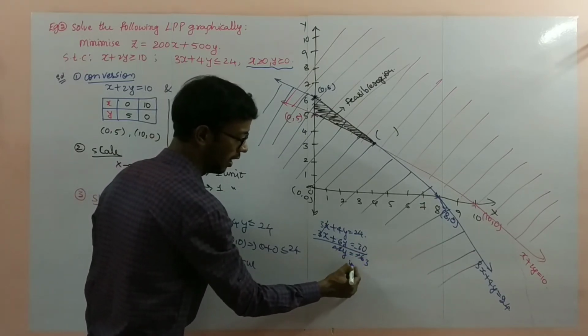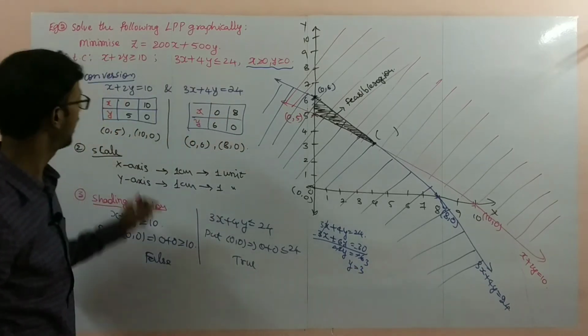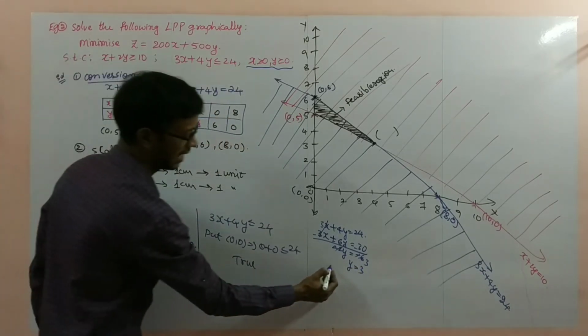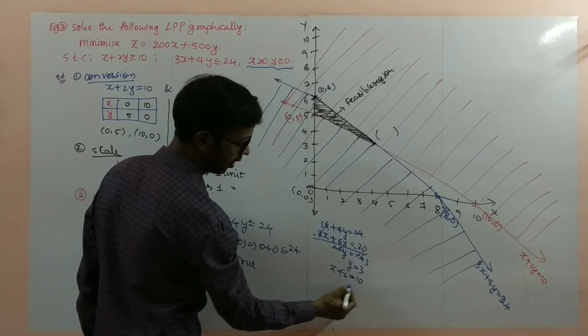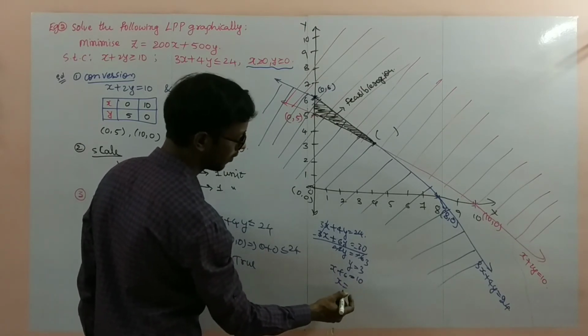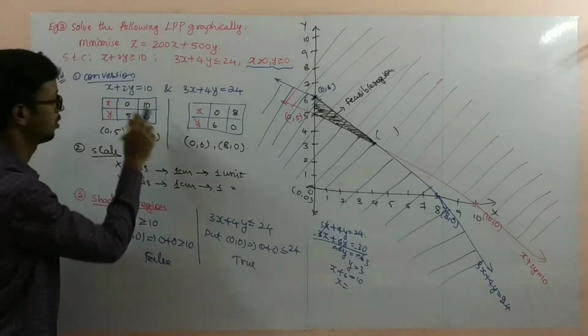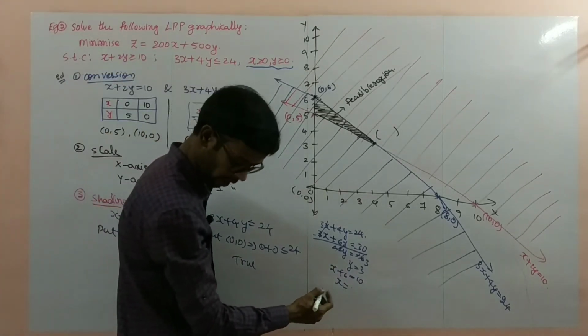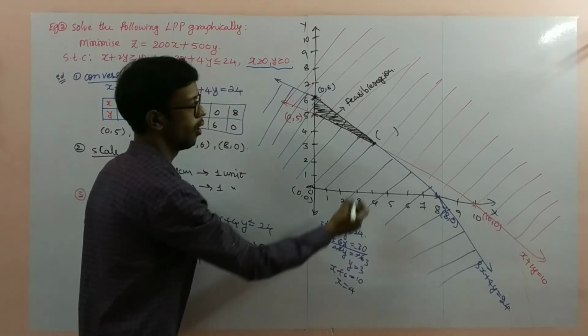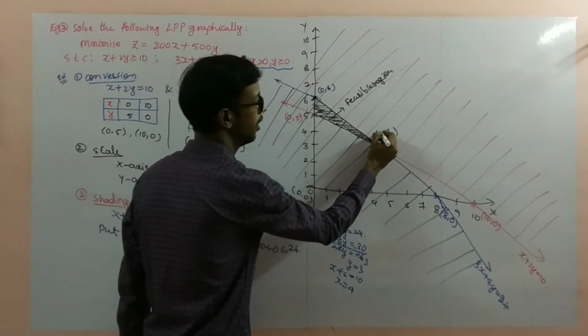Cancel, y equal to 3. Substitute here: x plus 6 equal to 10, x equal to 4. The point is 4 comma 3.